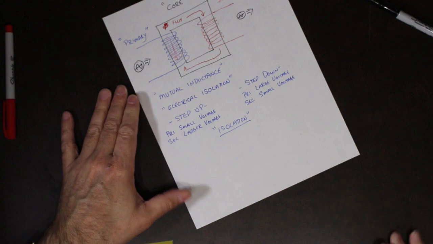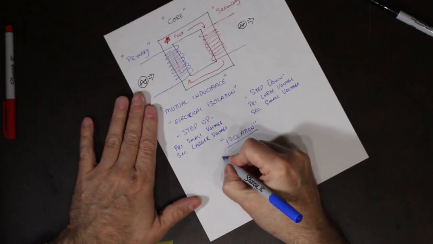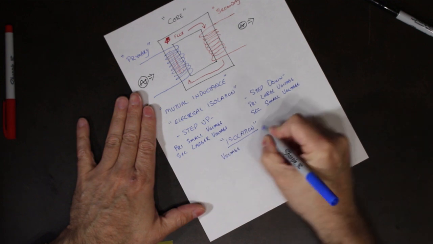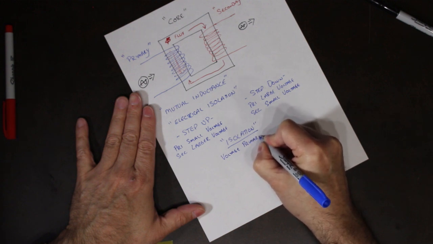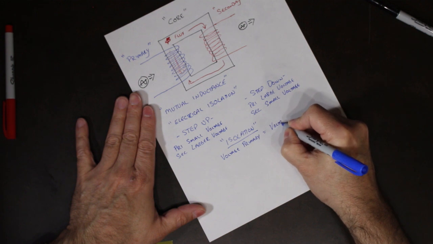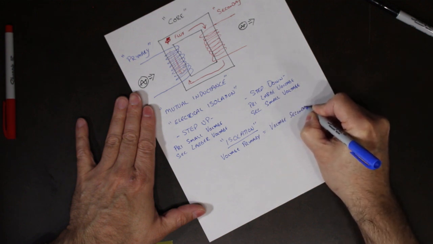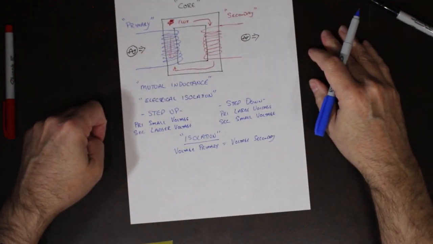An isolation transformer is a specific transformer where the voltage on the primary is actually equal to the voltage on the secondary.